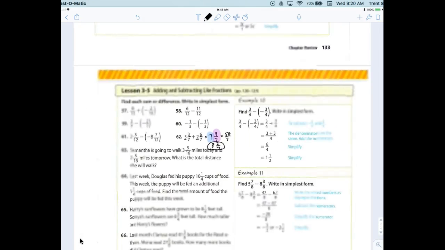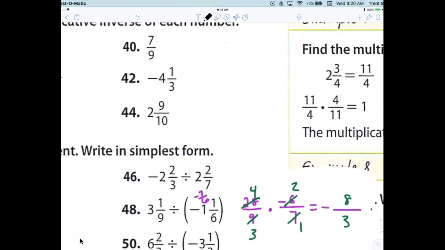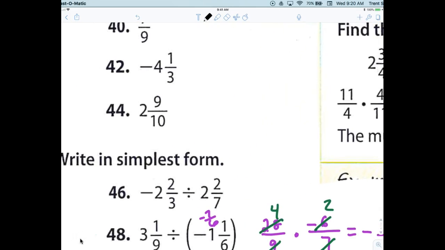Let's take a brief look at 42. Okay, you can't take the reciprocal of this until you do the improper fraction. So you're going to make this negative 13 over 3. And then the answer would be negative 3 over 13.